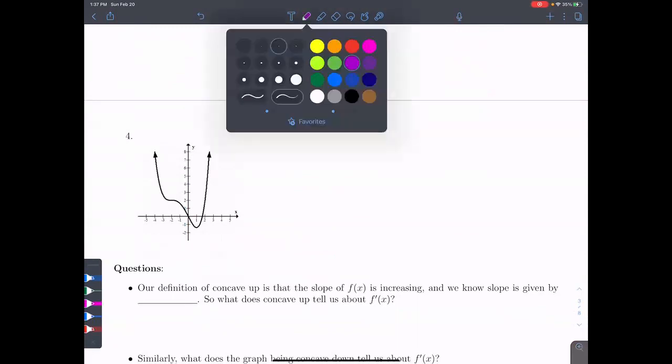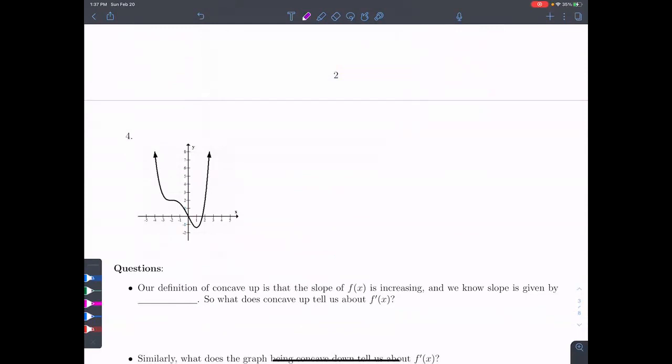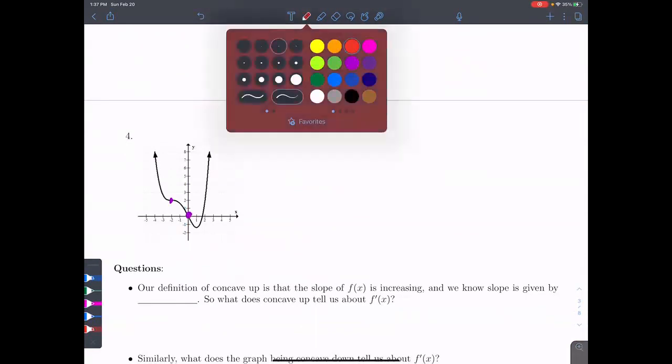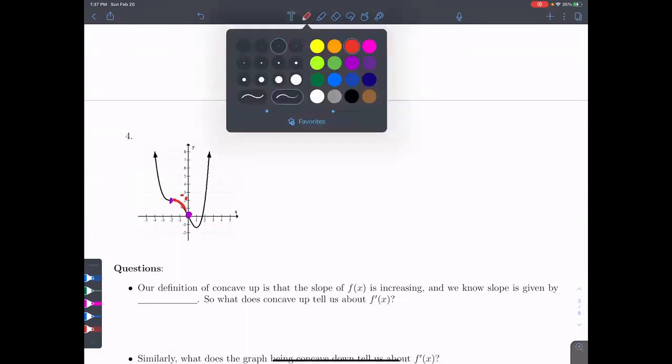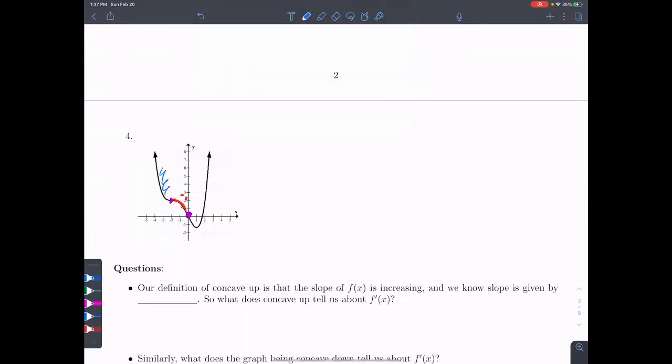In this example, it looks like we have a POI here maybe, and perhaps right here. In between those we have a frown situation, and on the ends we have a cup. So we have concave up from -infinity to -2, and from 0 to infinity.